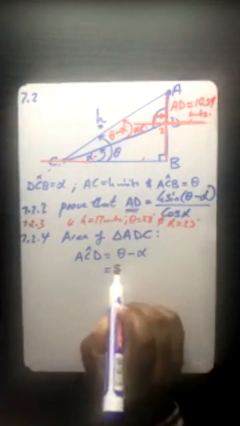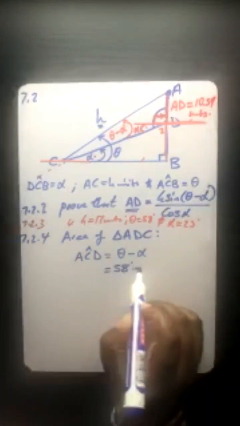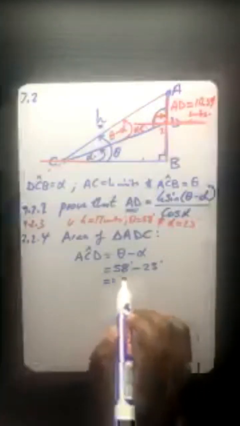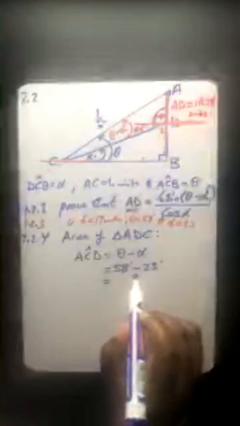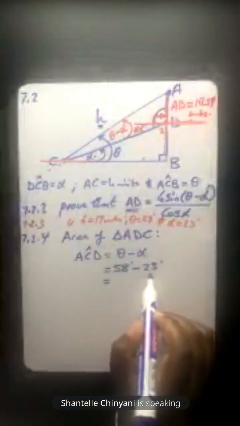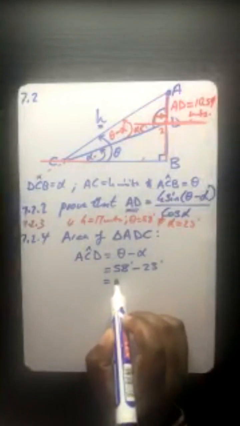Okay, so that means we're going to say 58 degrees minus 23 degrees. Then what is that? 35, I think.